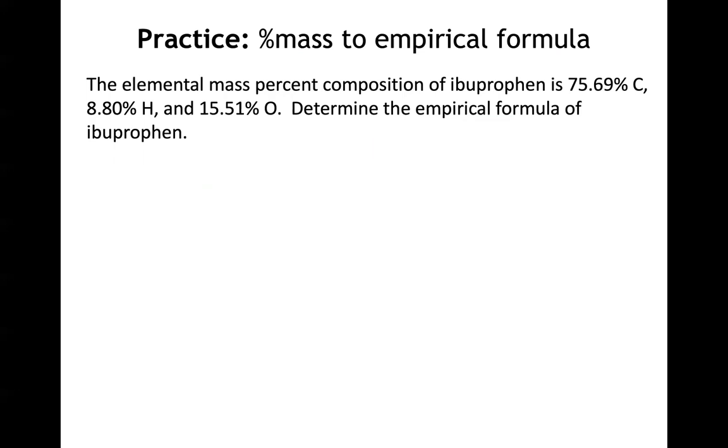So if you have percent by mass, what does 75.69% carbon mean? It means that we have 75.69 grams of carbon per 100 grams of ibuprofen, right? 75.69% carbon in ibuprofen is the same as saying that we have 75.69 grams of carbon per 100 grams of ibuprofen.